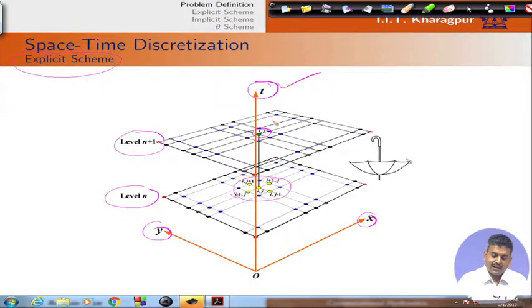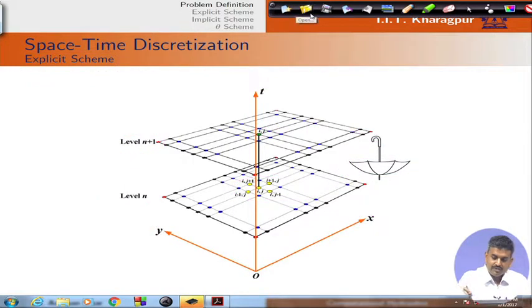This is like an inverted umbrella kind of situation, where this portion is considering the future time level value, and in the inverted umbrella this portion is considering the present time level spatial discretization.